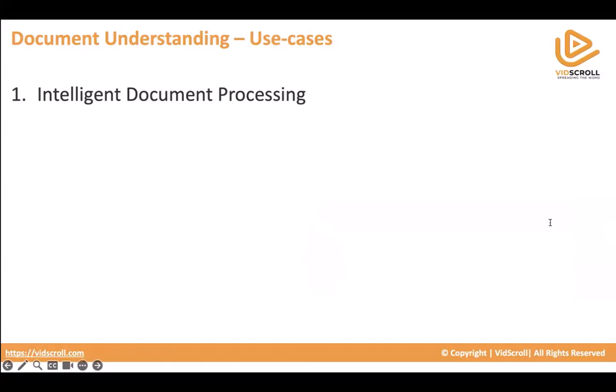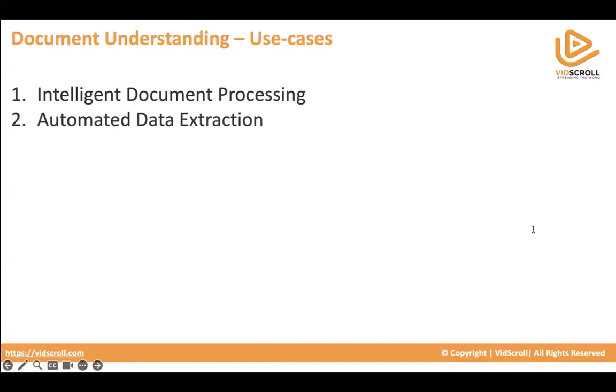IDP, in short, Intelligent Document Processing Solution, transforms traditional manual document handling into a streamlined automated workflow by automating data interpretation, extraction, and processing from a wide range of document types, maybe invoice. This innovation is particularly impactful in multiple industries such as insurance, healthcare, banking, and government, where processing accuracy, security, and speed are crucial.